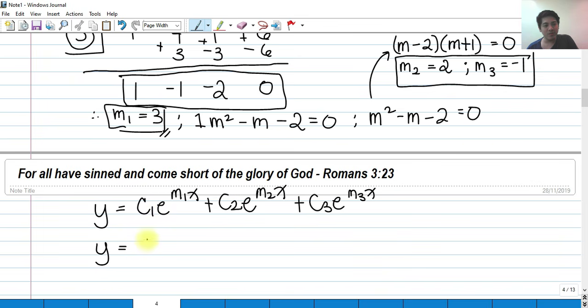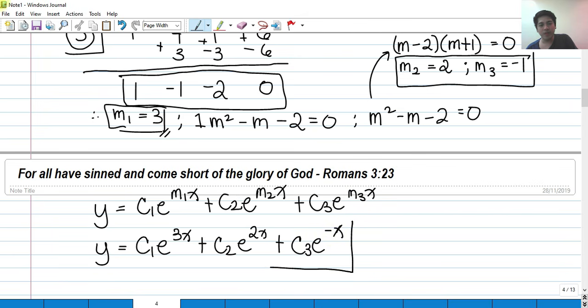For c sub 1, we don't know that; that is an arbitrary constant. So e raised to m sub 1, our m sub 1 is 3x, plus c sub 2, an arbitrary constant, e raised to 2x, plus c sub 3, e raised to m sub 3 is negative 1, so this would be negative x.